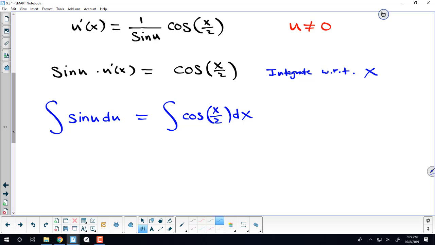Take the antiderivative. Minus cosine u is equal to, well, we have sine of x over 2 times 2 plus our constant.